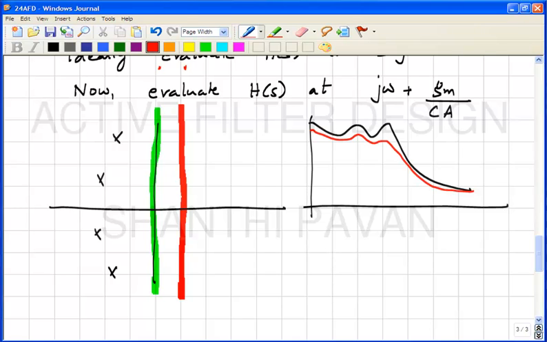Okay. Now what do you think will happen if there is a parasitic pole as well as finite DC gain? If there is a finite DC gain, you would evaluate it on the right side on this red line. If there was only a parasitic pole, you would have evaluated it like this on this curve.